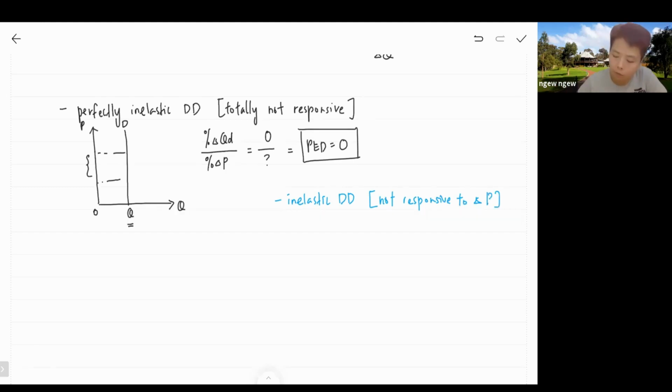So this is what we showed just now, a quite steep demand curve. And we already mentioned that the percentage change in price is greater than the percentage change in quantity demanded, and therefore the PED value will lie between 0 and 1.